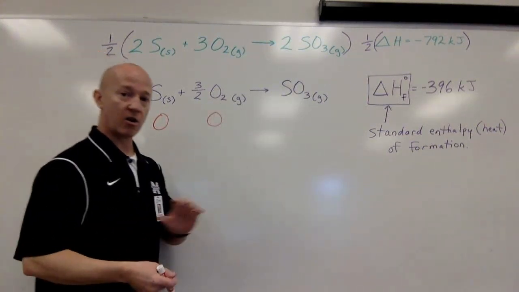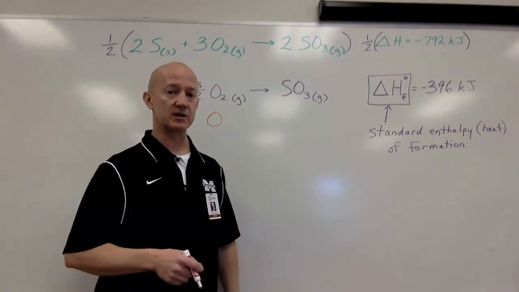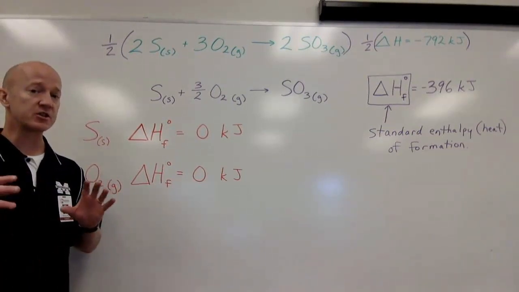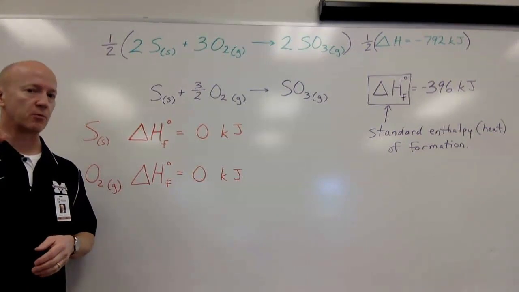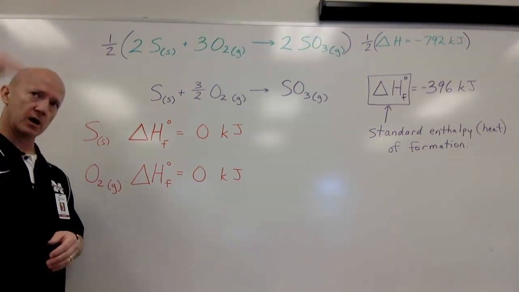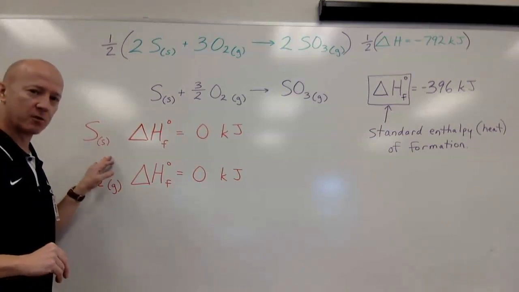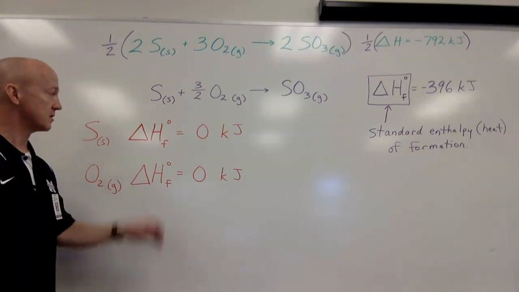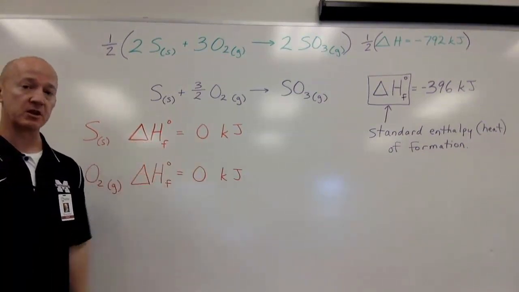That means that all this energy is locked up inside of sulfur trioxide. So just so we're clear on this, elements in their standard state, in the state that they are normally found, well, that's sort of like a starting point for our energy, going up or down from there. So sulfur in its solid form, that requires no energy really. That's the way it normally is. So its enthalpy, its heat of formation, would be 0 kilojoules.